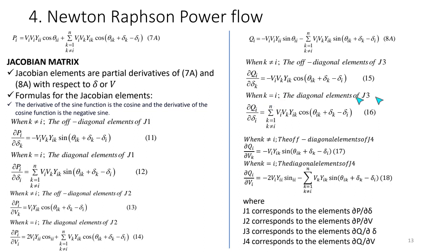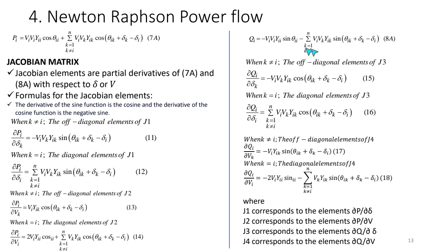Then when k is equal to i, we again take the partial derivative of Qi with respect to delta i. In that case, delta i is negative, so the sine of minus delta i becomes cos of minus delta i, and that's why there is a negative sign.